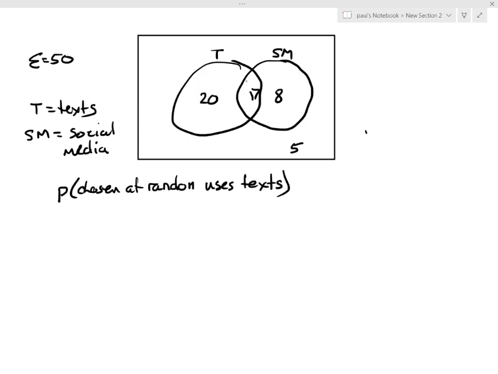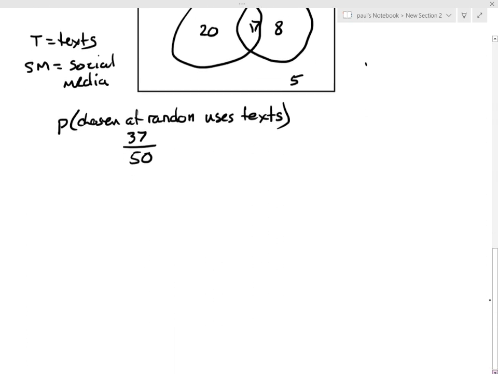So everybody is 50, and texts are this 20 plus the 17, which is 37. Okay, that's that filled in. That's nice and easy, that one, wasn't it? So let's have a look at the next one.